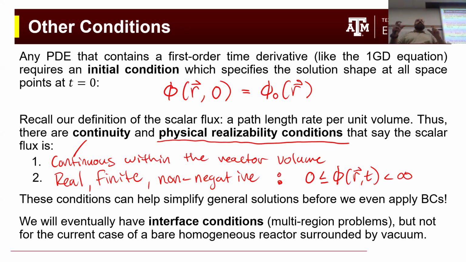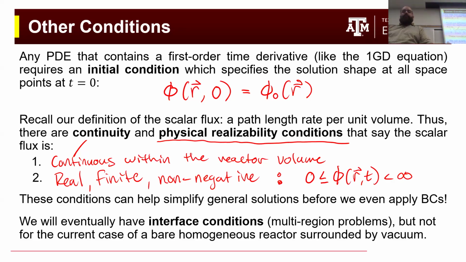Usually when you're solving a differential equation, you recognize the form of the equation, you write the general solution, and then you find the constants attached to those parts of the general solution. If we have these conditions in mind, we can eliminate some of those parts, which makes it simpler to solve. We don't have to deal with as many constants if we can knock some of them out using these physical realizability conditions.